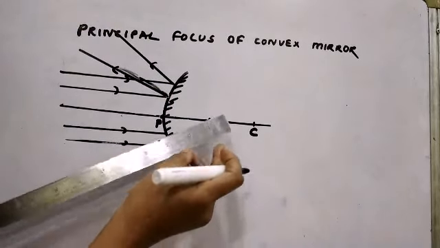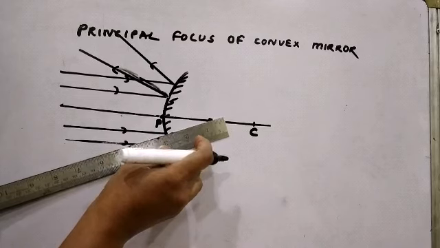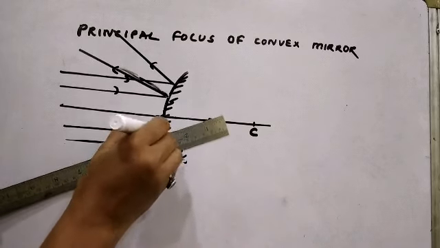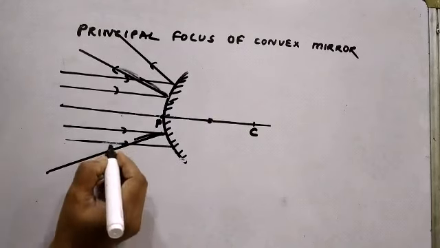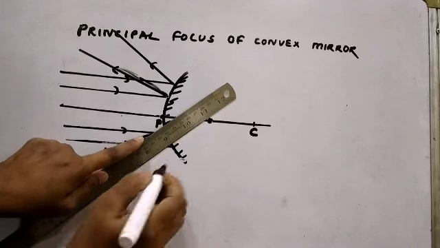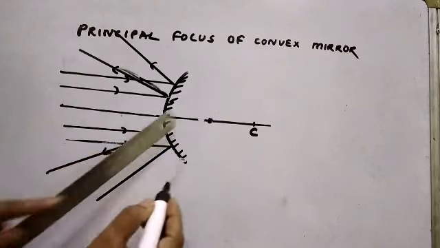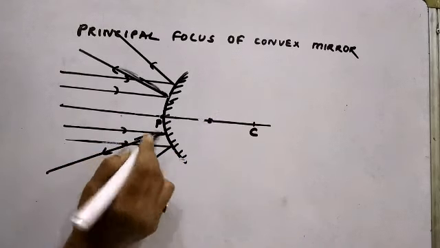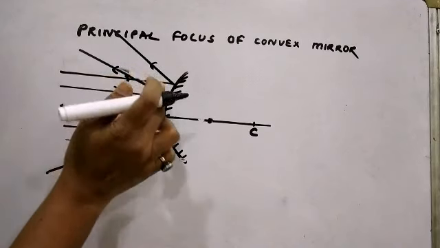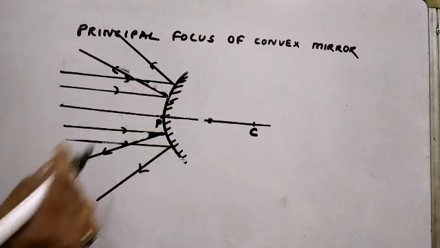This particular incident ray will get reflected like this, and this incident ray also will get reflected. But you see all these reflected rays are not meeting at one point. They are diverging in different directions.